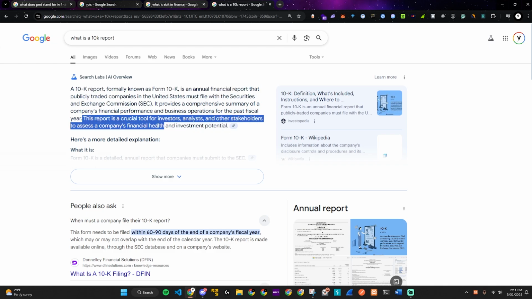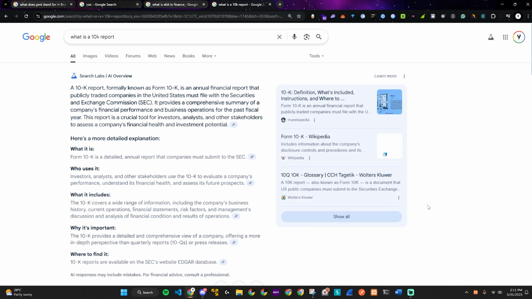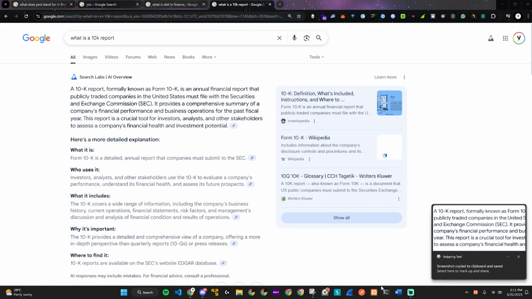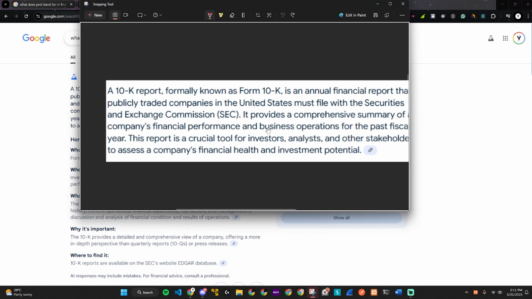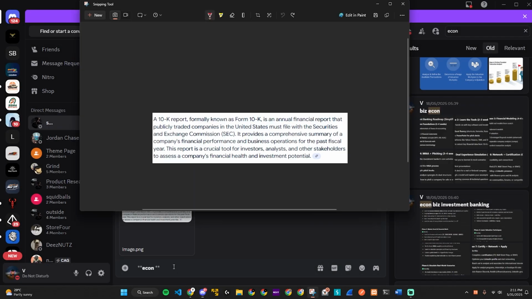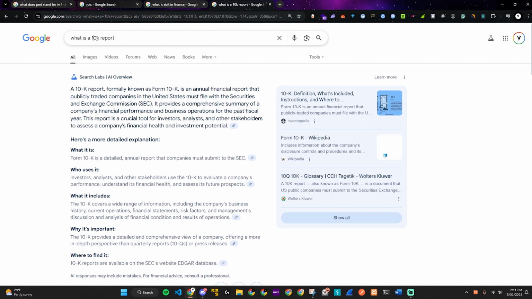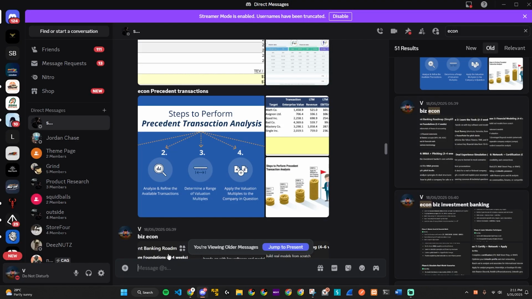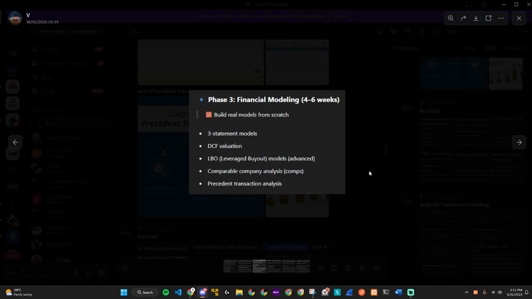This report is a crucial tool for investors, analysts, and other stakeholders to assess a company's position. Okay, so for IPOs, like stock offerings and equity. Private venture capital, man. Oh my god. Let's say ROIC. Let's call this the 10-K report, right? So let's copy this. Let's put this here.